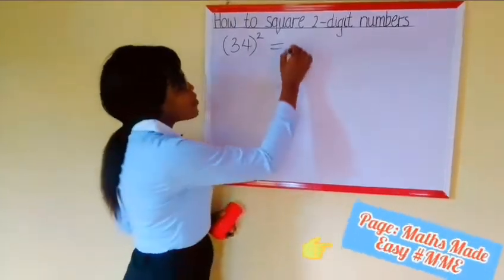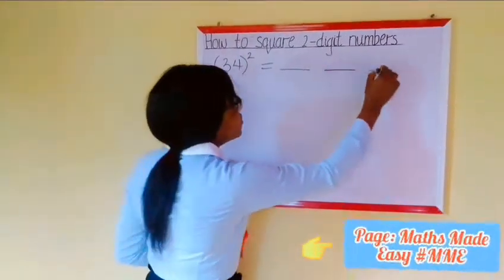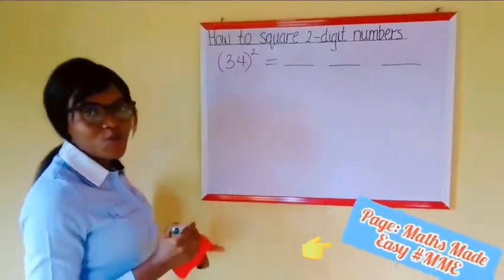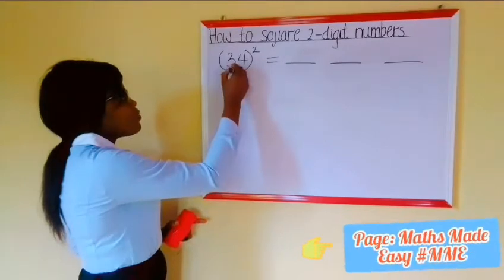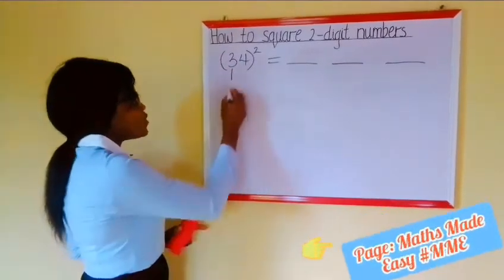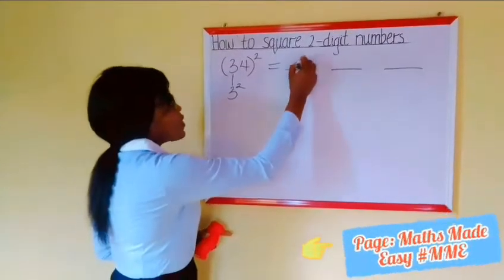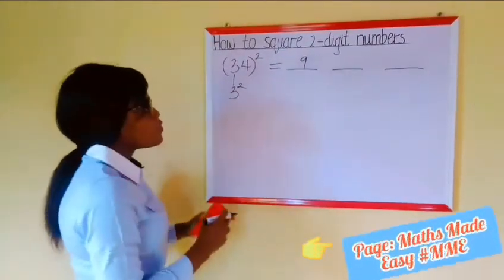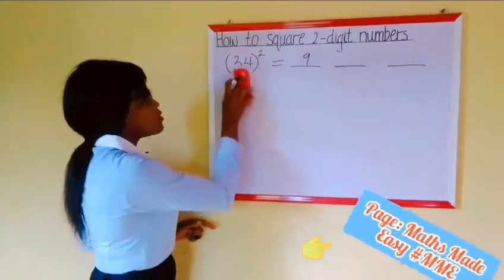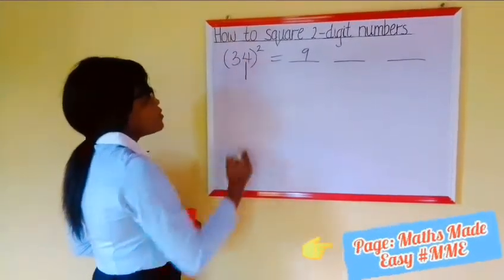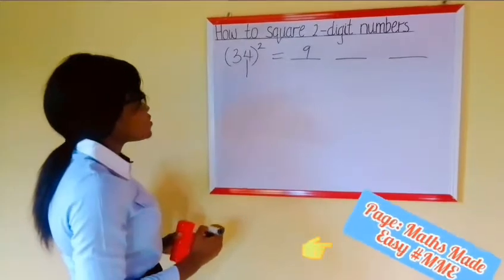Let's find the square of 34. Remember, we have 3 parts for the solution. For the first part, you find the square of the first digit, which is 3. The square of 3 is 9. You write your 9 down. For the last part, you find the square of the last digit of 34, which is 4.